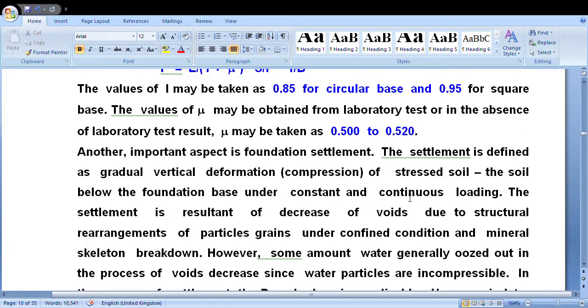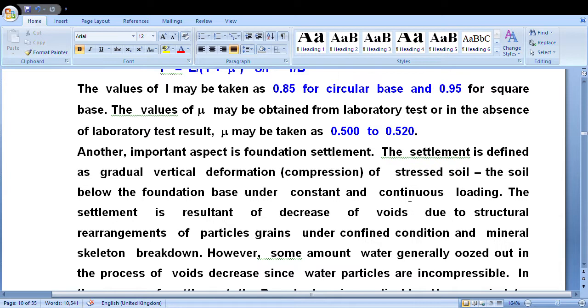As I said, foundation settlement is defined as the gradual vertical deformation, that is, compression of stressed soil, the soil below the foundation base under constant and continuous loading.